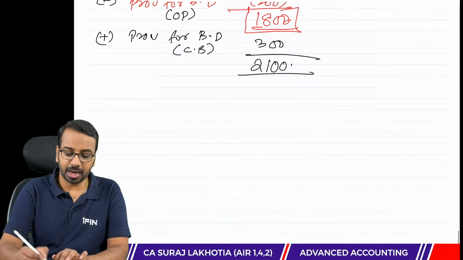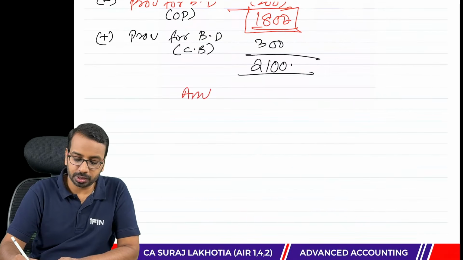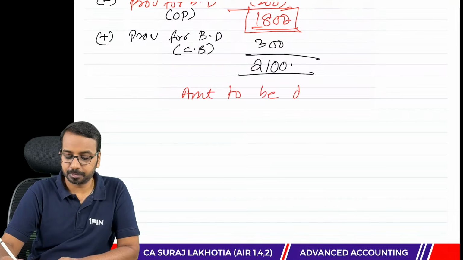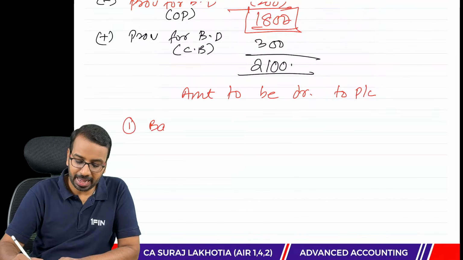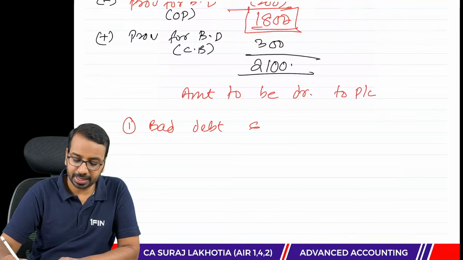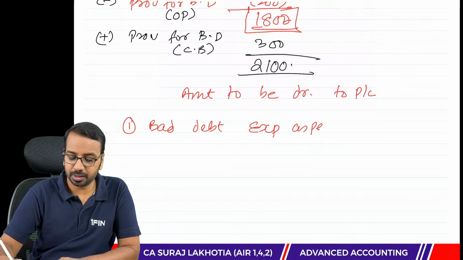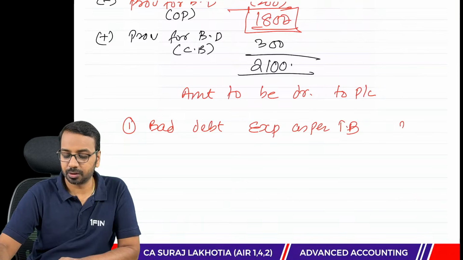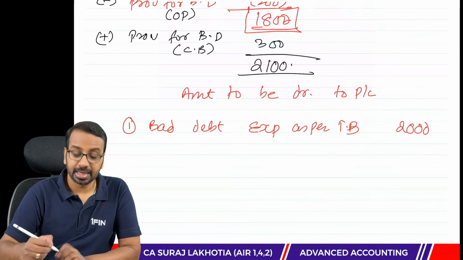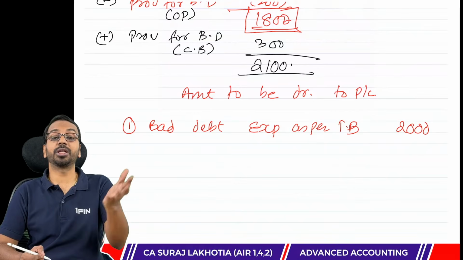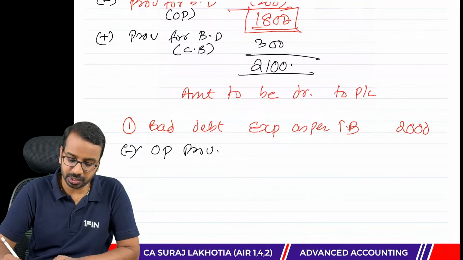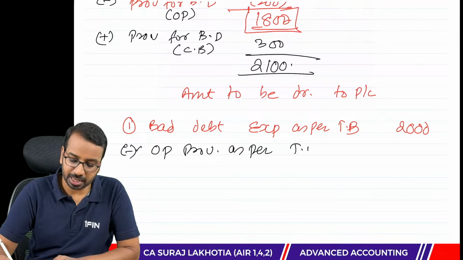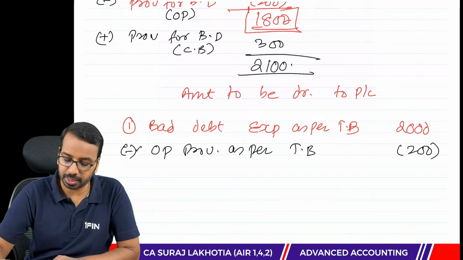So in a nutshell, what is the amount to be debited to P&L? One, bad debt expense as per trial balance, 2,000. In the trial balance itself you will have the opening provision. So you will say minus opening provision as per trial balance, how much? 200.